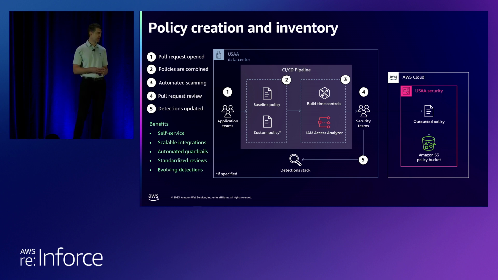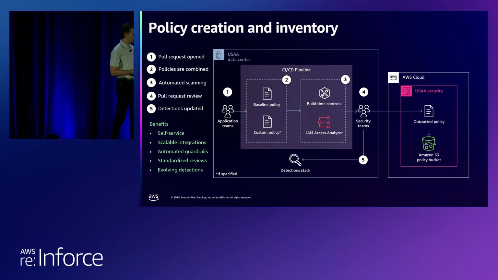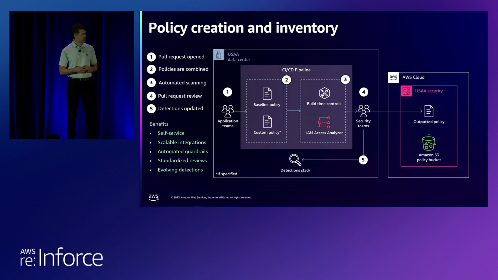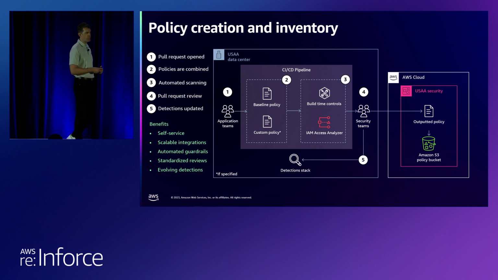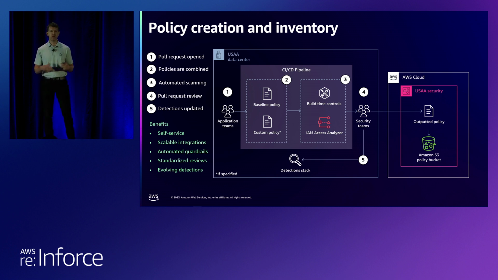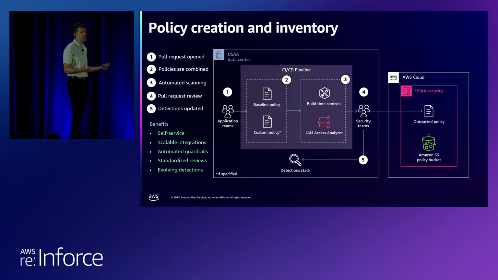We also take advantage of a lot of the build time controls that Caleb alluded to earlier, things like IaC config scanning, vulnerability scanning. We also use Access Analyzer here, and although it doesn't yet support the analysis of endpoint policies, we use it for grammar and linting. When it comes time to review a policy, our security team steps in. Now, we've been very prescriptive about the access patterns and how to implement those access patterns with development teams, and assuming they abide by those patterns, we can typically review policies in a matter of minutes.